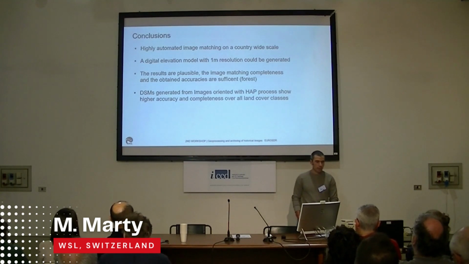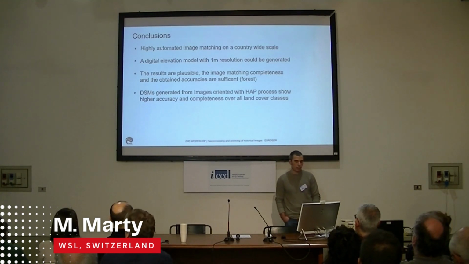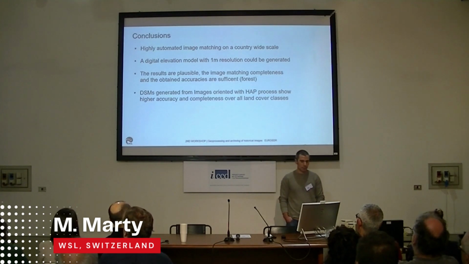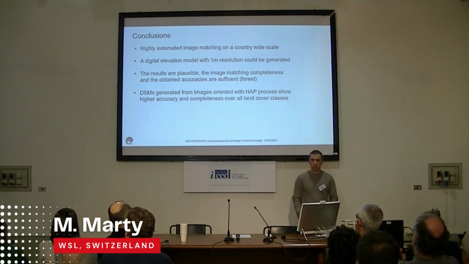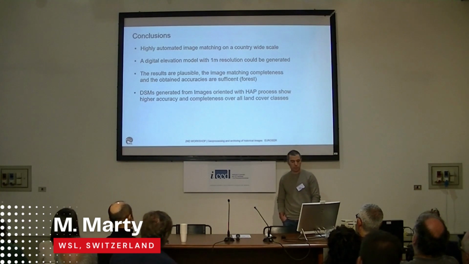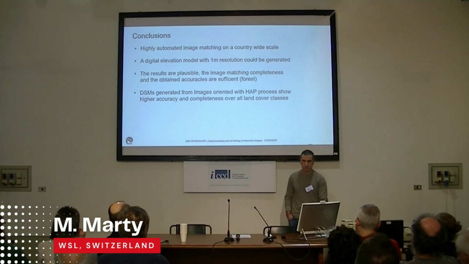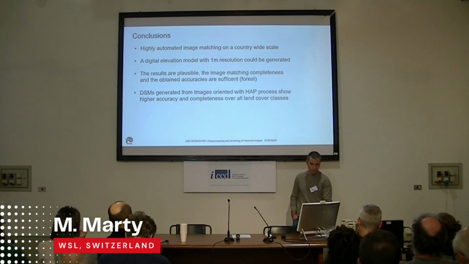And it seems like the DSMs generated from images oriented with the HAP process show a higher accuracy, but almost more importantly also show a lot higher completeness over all land cover types. We didn't investigate too much into this so far, but this will follow in the next few months, I guess.